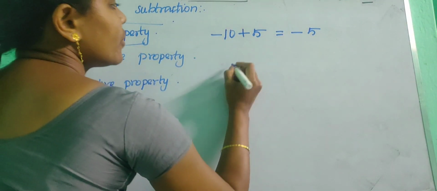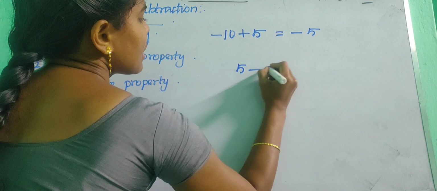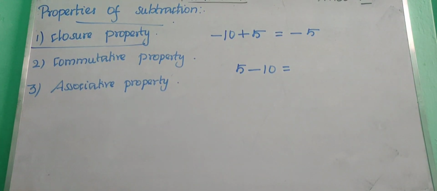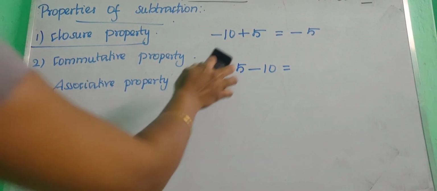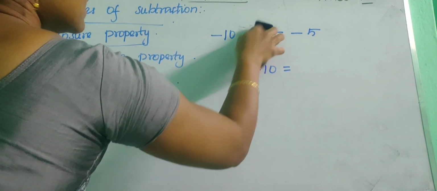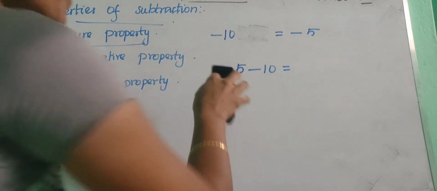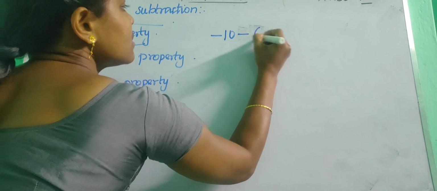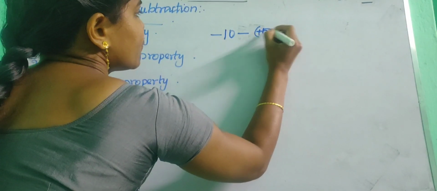And again, if you are doing 5 minus 10. See, I just missed the subtraction minus symbol, right? See here. So minus 10 minus of plus 5. Okay.